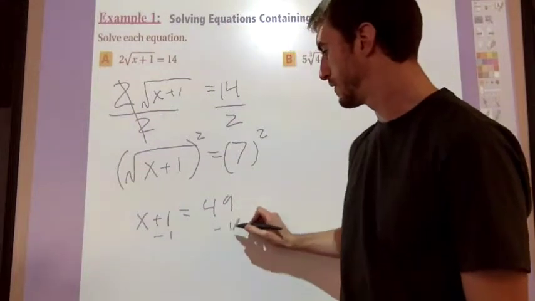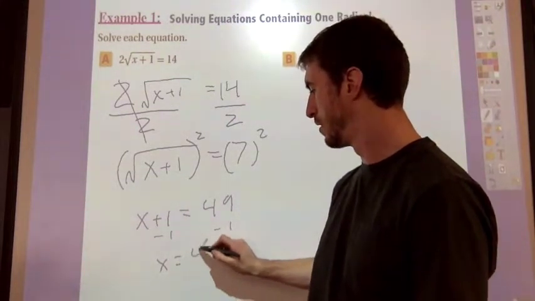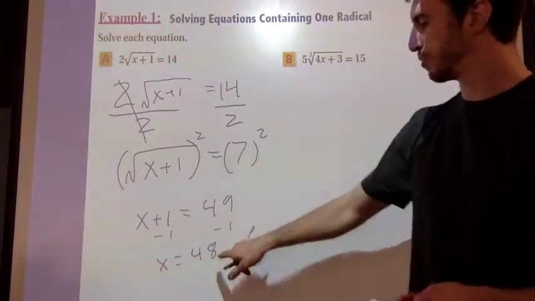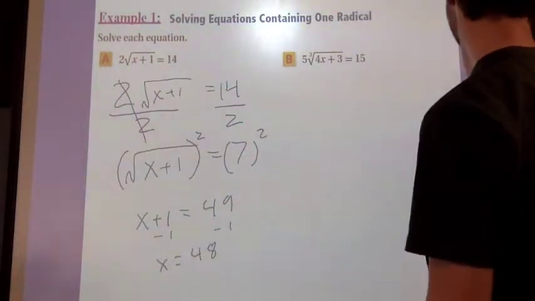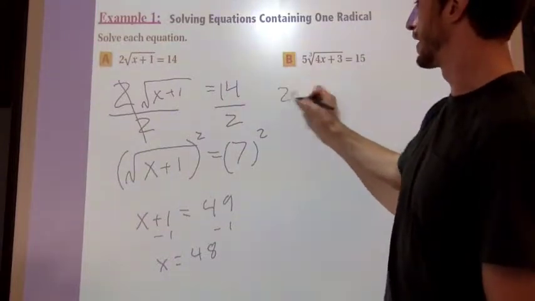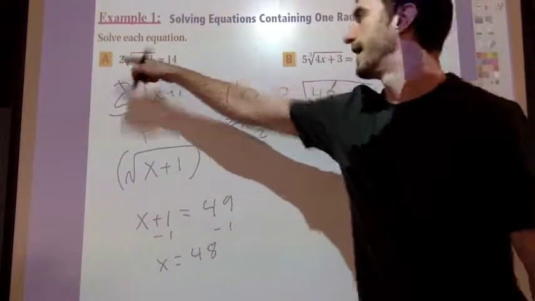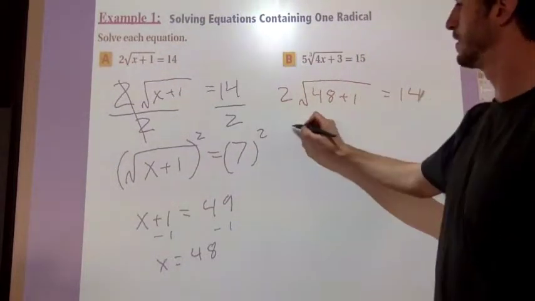Subtract 1 from both sides, and I get x equals 48. And what I can do is plug this value back in for x to check, and I'll go ahead and do that over here in red, and then I'll erase it so I have room. But I can plug in 48 for my x plus 1 equals 14.